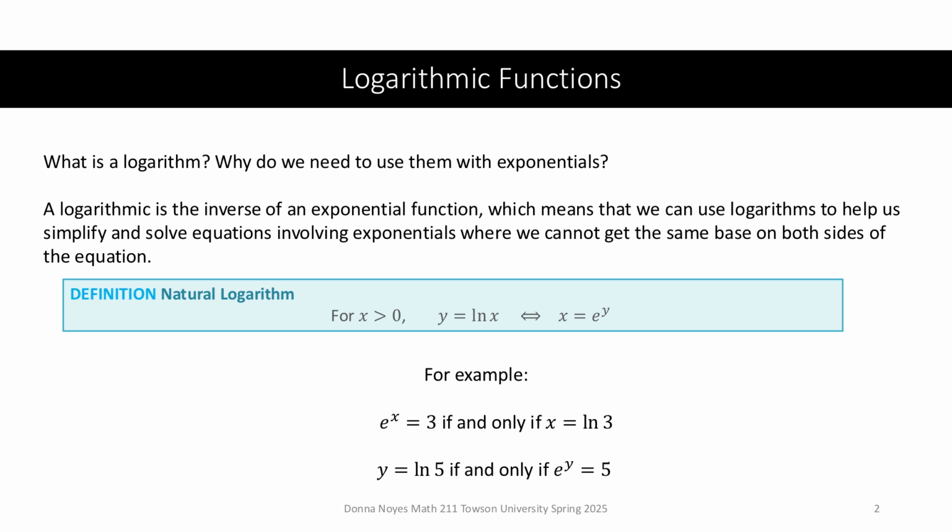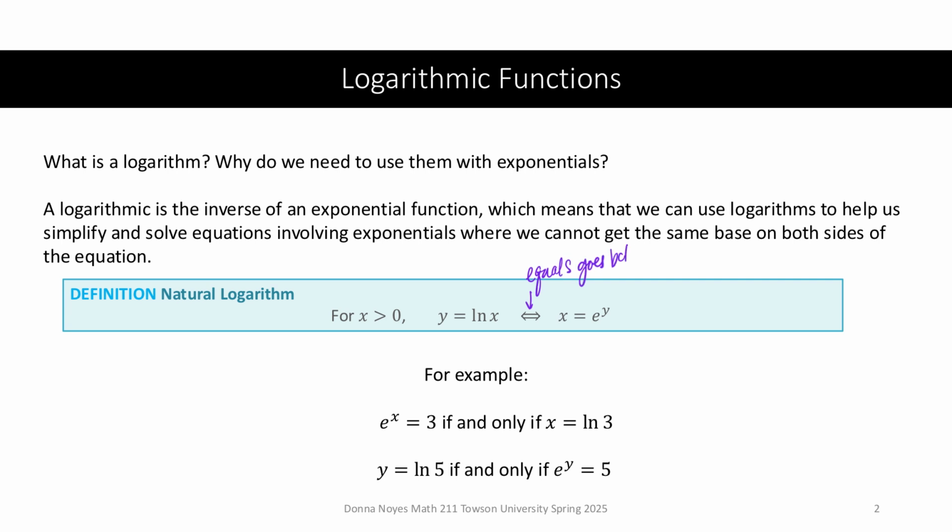So, where we're going to start is with the natural log, which is the log base e. So, here we have a definition of natural log. It says as long as x is positive, we can say that x is equal to e to the y if and only if y equals the natural log of x. So this symbol in the middle means that the equals goes both ways.